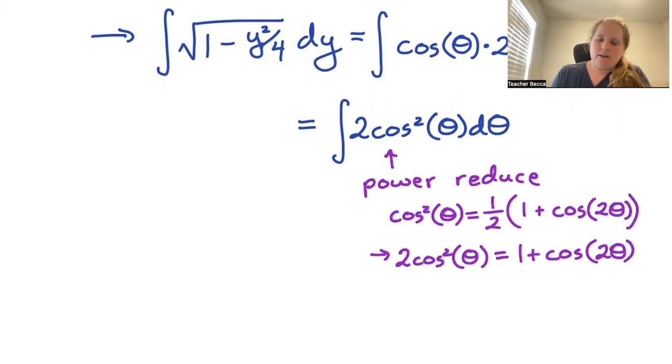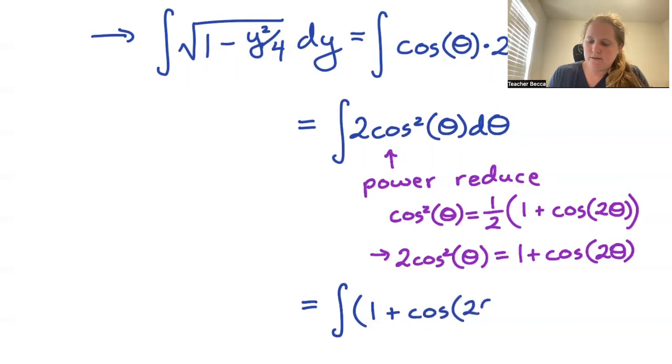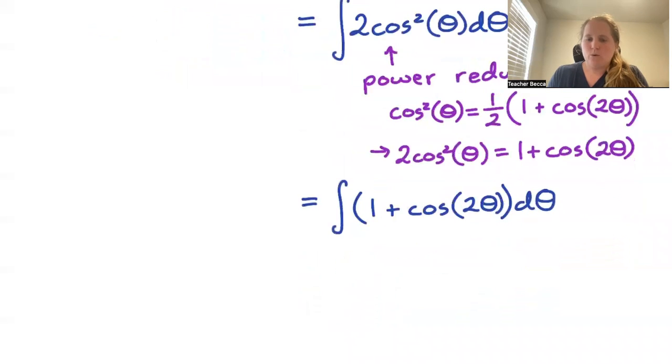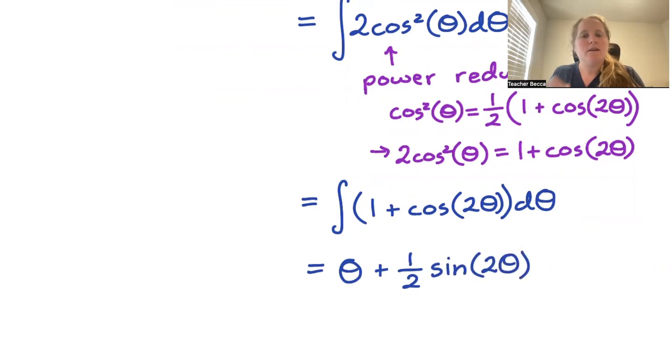So we are looking at the integral of 1 plus cosine of 2 theta d theta. Integrating that, we would have theta plus 1/2 sine of 2 theta. Cosine integrates to sine. We have to counteract that times 2 in sine by dividing by 2. Then, of course, we technically have our plus c.